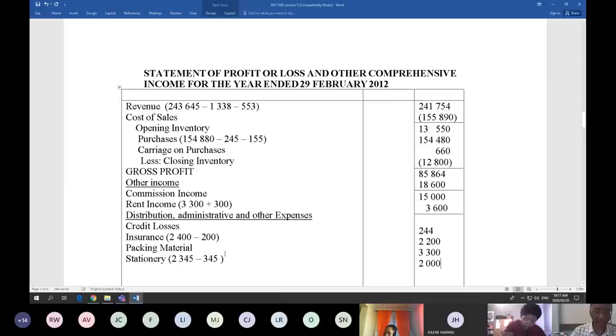I'm still busy with my expenses. I'm listing this now under my distribution, administrative and other expenses. I have got wages there. The wages amount in the trial balance is 56,775.